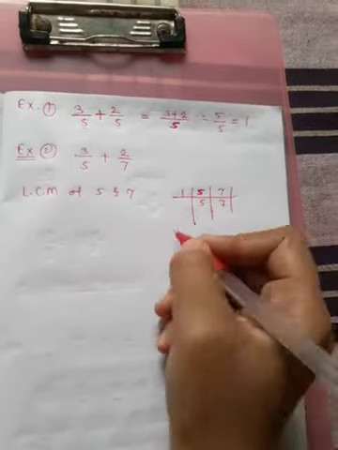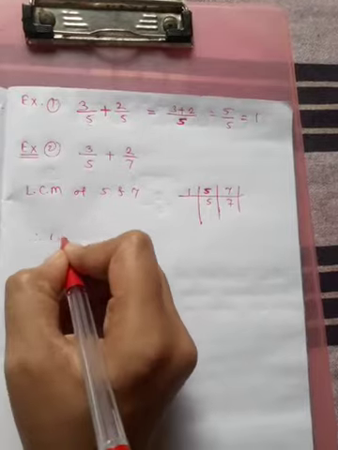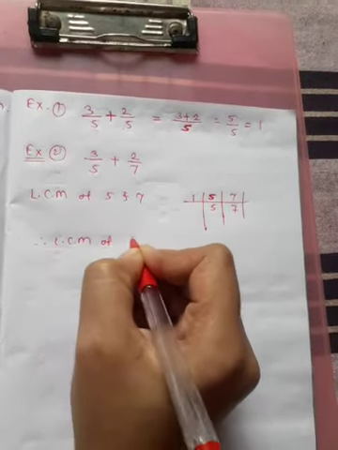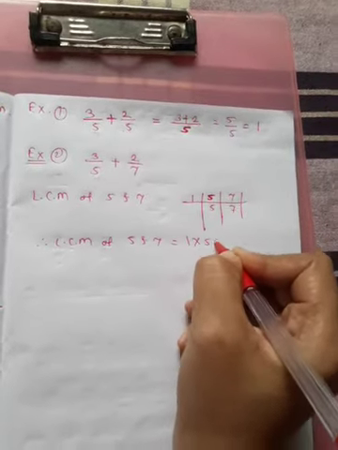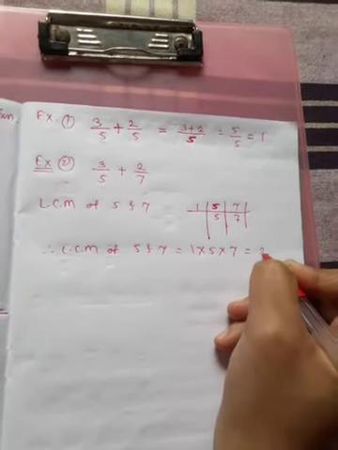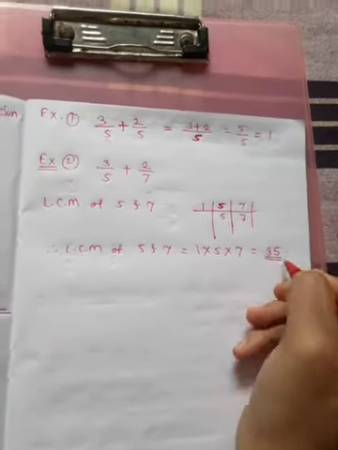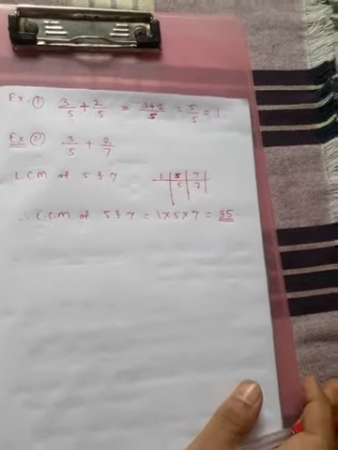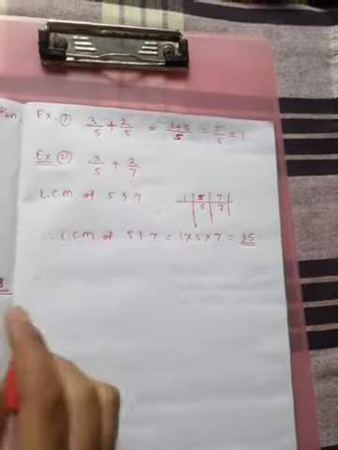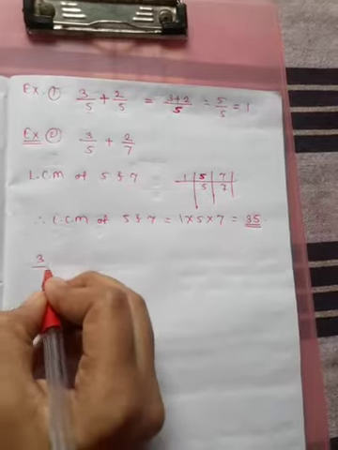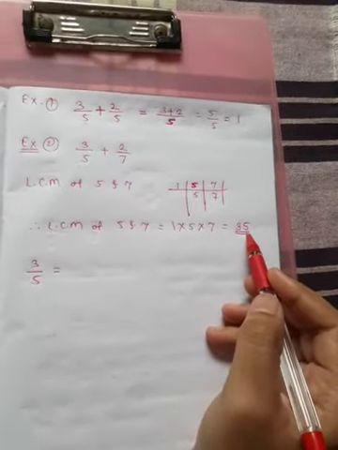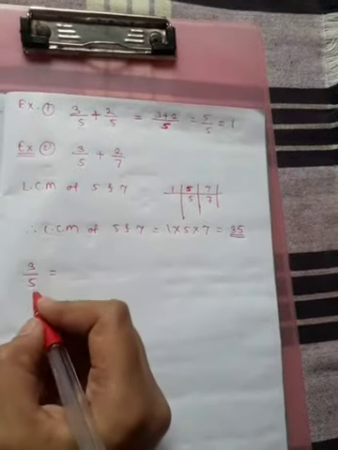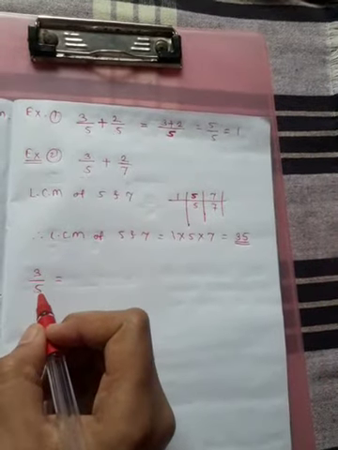Therefore, the LCM of 5 and 7 is 1 into 5 into 7, that is equal to 35. So what is our first step? Find the LCM of the denominators, and then make the denominators 35.